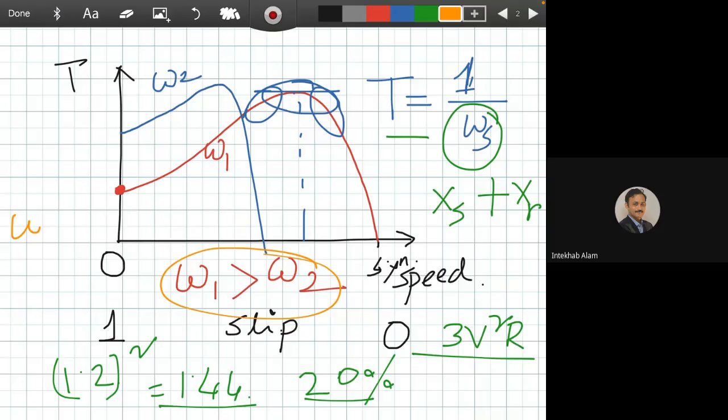Minhaj Ahmed, Mohammad Nabil, Farhan. Yes, sir. What will happen if we select a frequency in between? The torque for omega 3 will be greater than the torque for omega 1, and the torque for omega 3 will be smaller than the torque for omega 2.